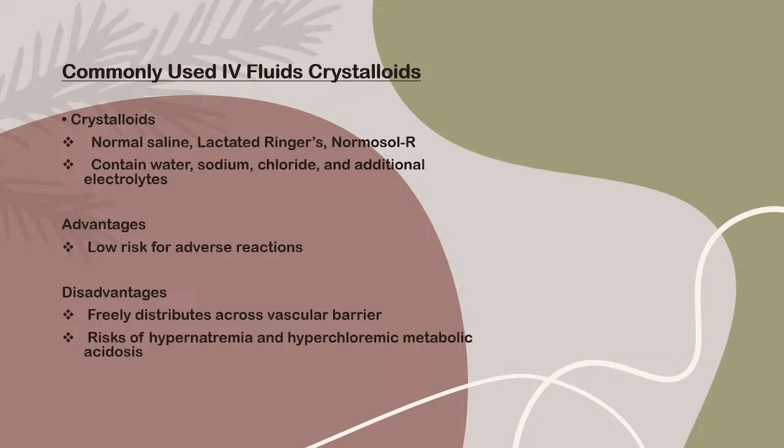Commonly used IV crystalloids in clinical setup are normal saline, lactated Ringer, and Normosol-R, which contain water, sodium, chloride, and additional electrolytes. The advantage is there is low risk of adverse reaction.